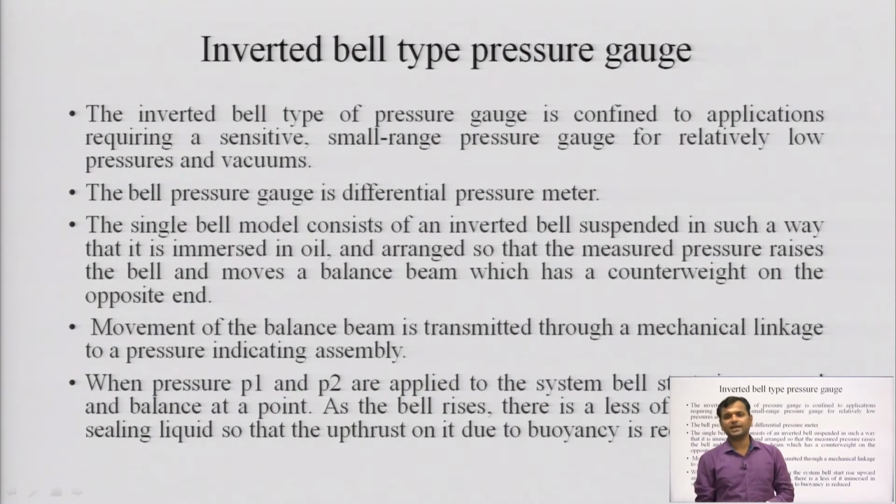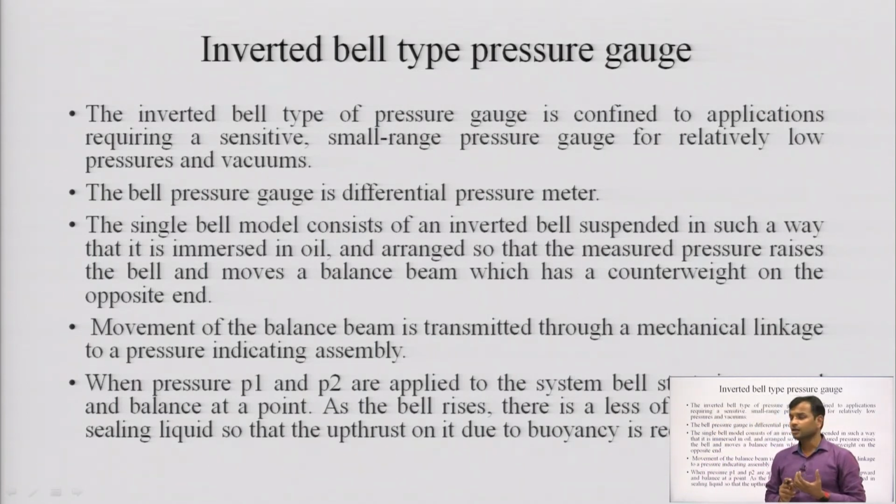Now, next is the inverted bell type manometer or the inverted bell type pressure gauge. The inverted bell type pressure gauge is confined to applications that require a sensitive small range pressure gauge for relatively low pressure and vacuums.